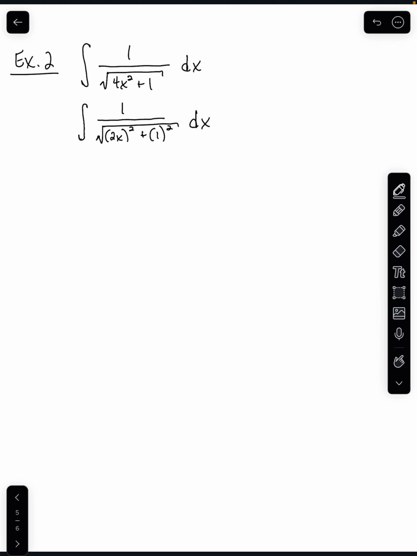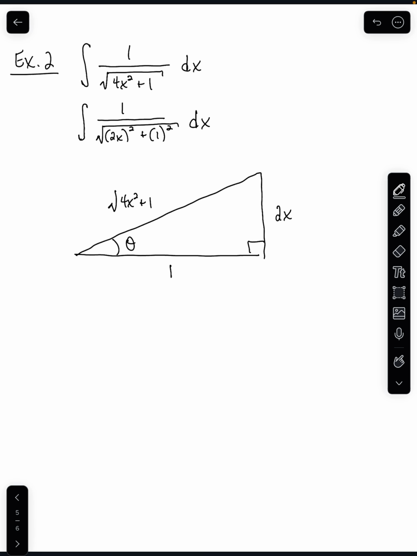In this case, 4x squared is the square of 2x, and of course 1 is the square of 1. So following the example of the previous slide, we would make 2x the length of the opposite side and 1 the length of the adjacent side, so that the hypotenuse then would be the square root of 4x squared plus 1 by the Pythagorean theorem.